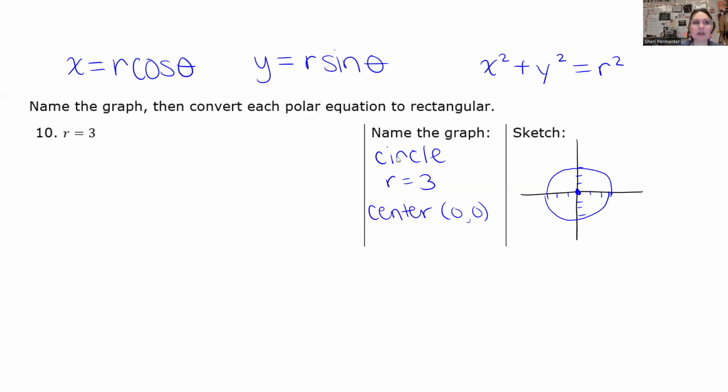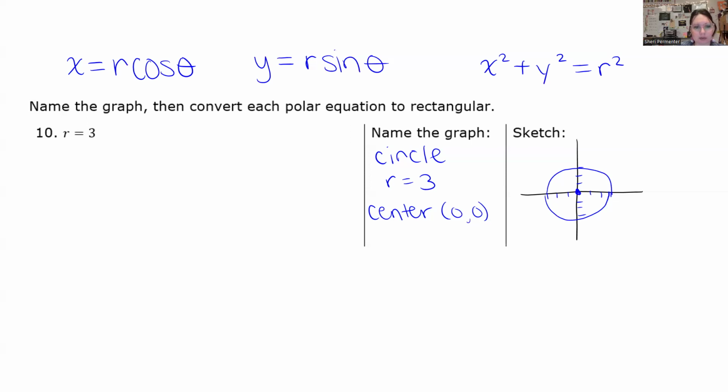And so having a good foundation of what these graphs look like makes the equation conversions much easier because you kind of know what it's going to look like. I know that circles are x squared plus y squared equals r squared. It's going to follow that type of pattern. And since this has the center at 0, 0, it doesn't have any x or y movement. It makes it even easier.